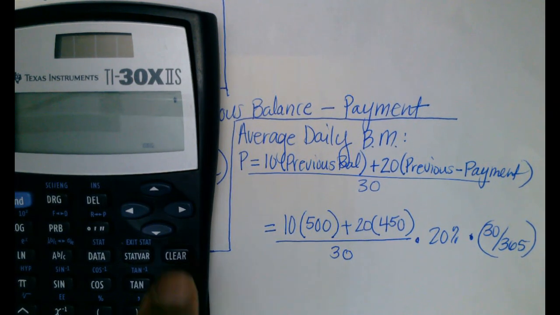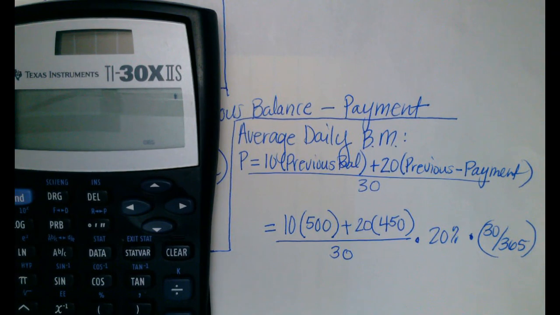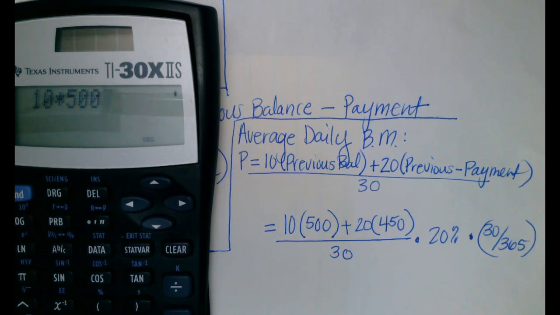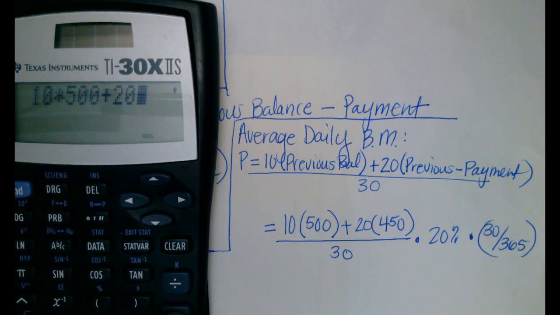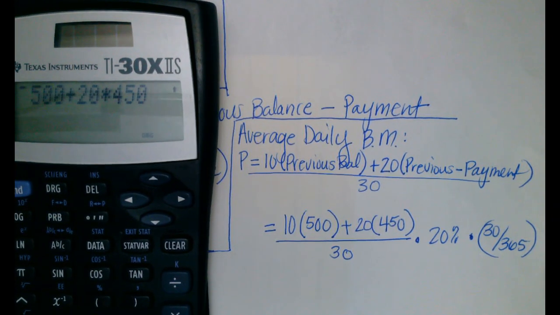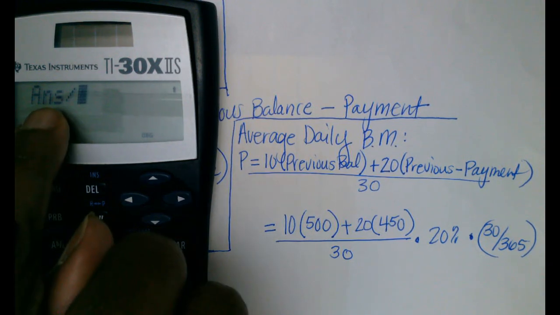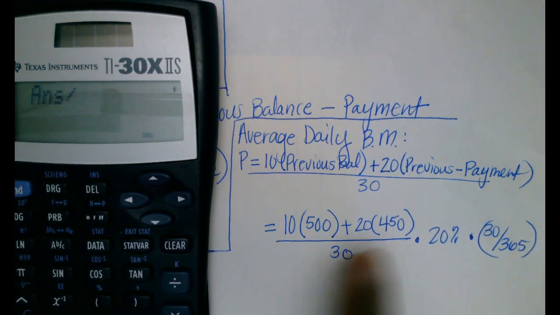Divided by, man, hold on, I gotta do it all over again. Because what happens is if you don't clear it like I just did, it will save your last answer and just keep going. So divided by, see that last answer, divided by 30, enter.